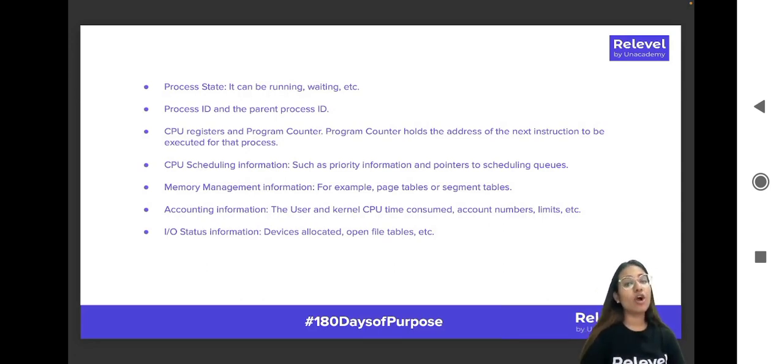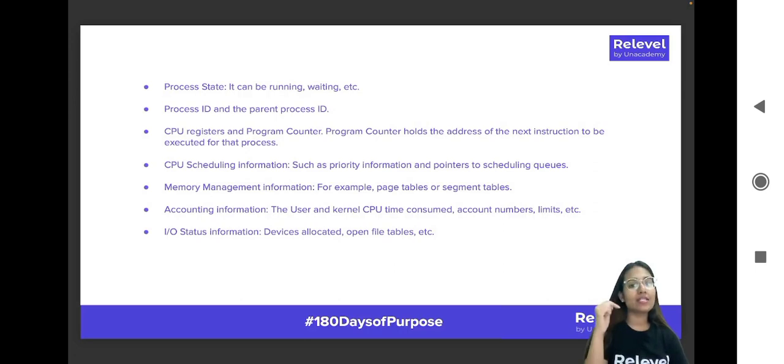And when we talk about program counter, it basically holds the address of the next instruction to be executed for that process. What I told you in the start was that a program is nothing but a set of instructions, right? And when a program is loaded into main memory, it becomes a process, and the process executes all those instructions step by step in a sequential manner.